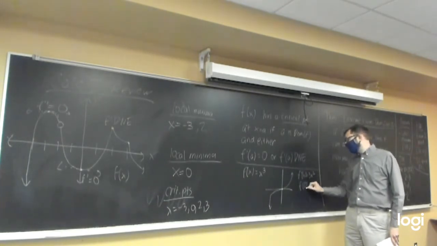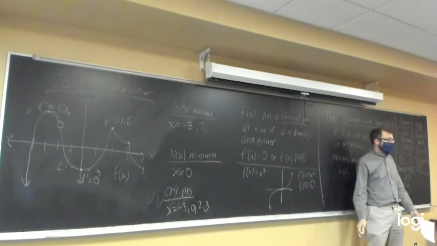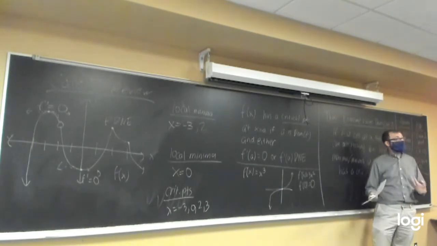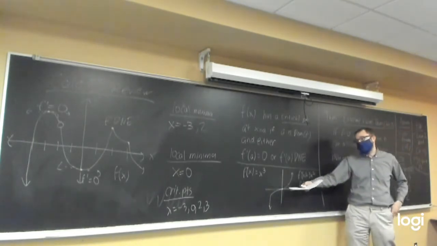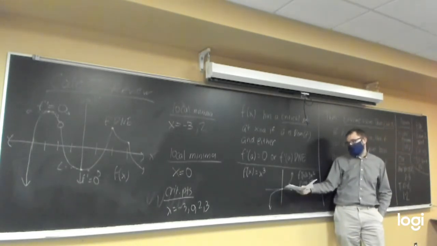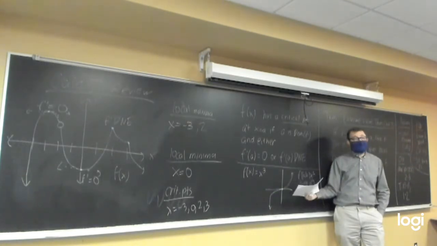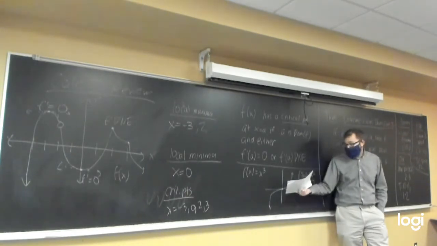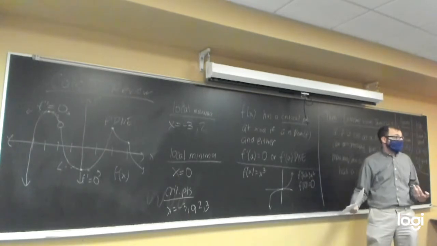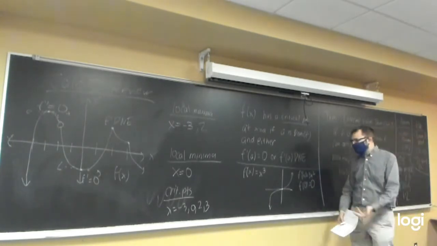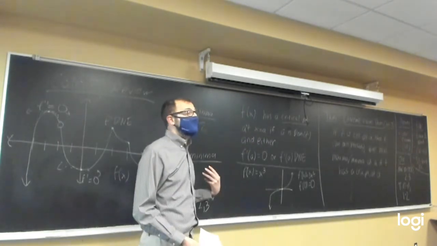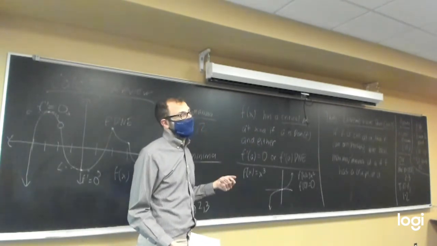So at x equals 0, we will have a critical point where we don't have a max or min. Because if we look at this graph, if we go to the right a little bit, our function is going to be getting bigger. Whereas if we go to the left a little bit, our y values are going to be getting smaller. So this would be an example where we have a critical point where f prime is 0, but we still do not have a max or a min.